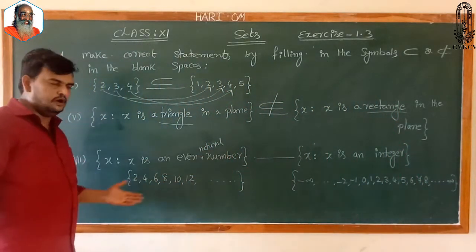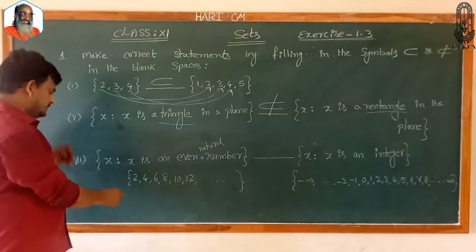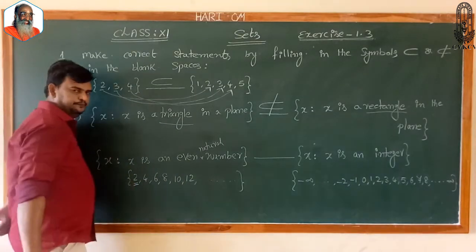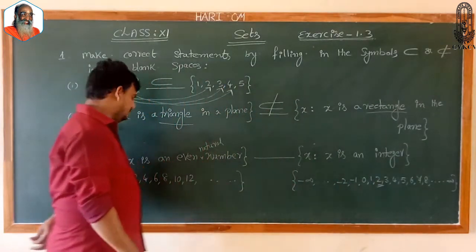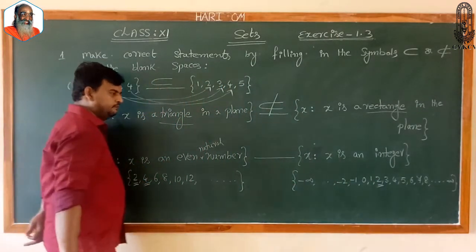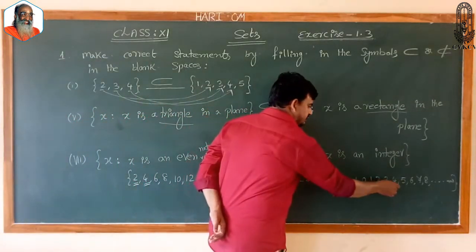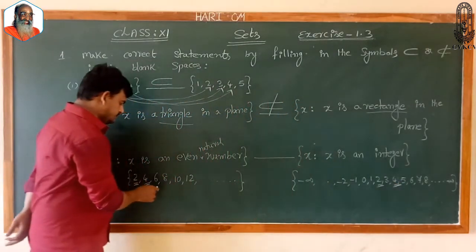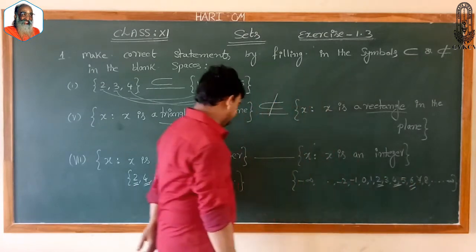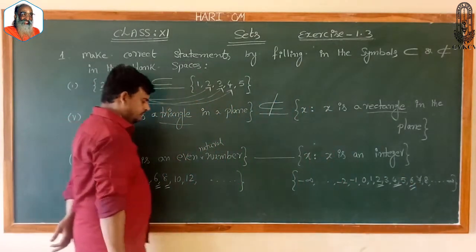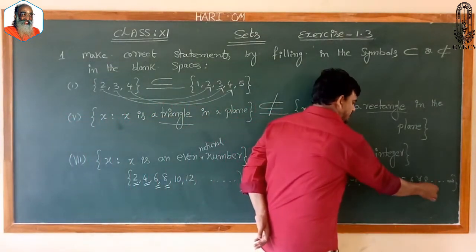Now if you observe these two sets, here I have the element 2, and here also I have the element 2. Here I have the element 4, and here also I have the element 4. Here I have 6, and here also. Here I have 8, and here also I have the element 8.